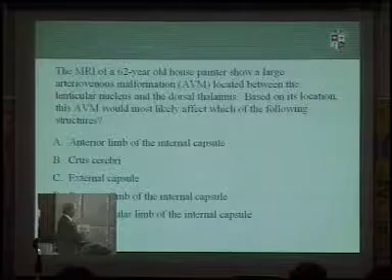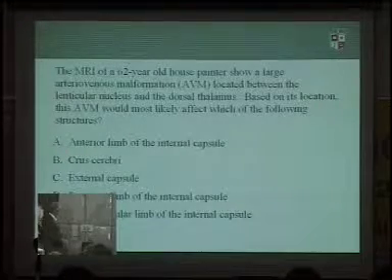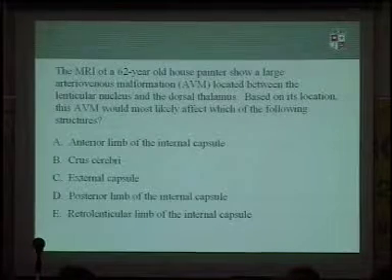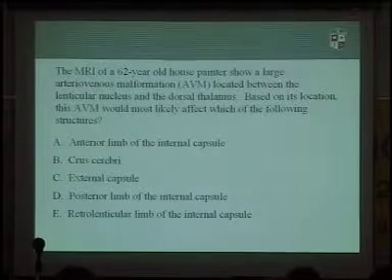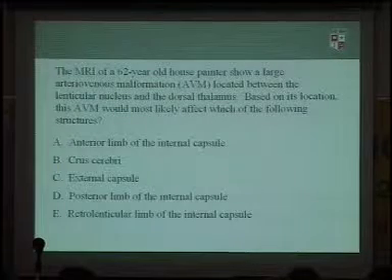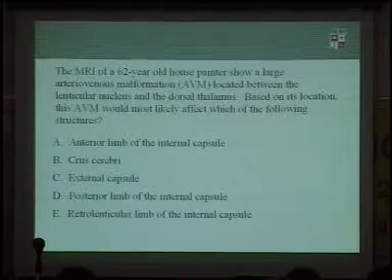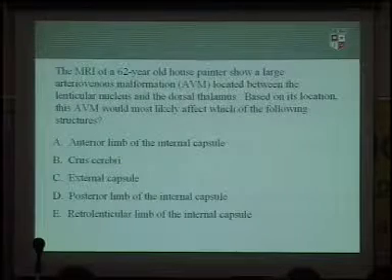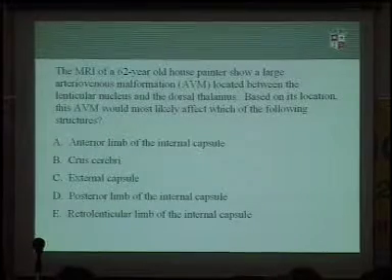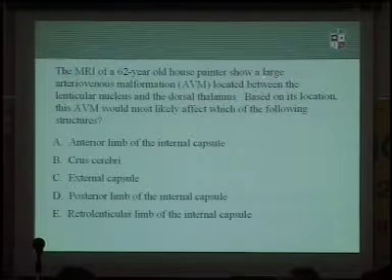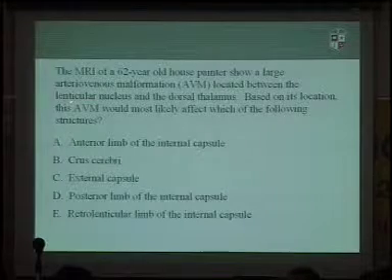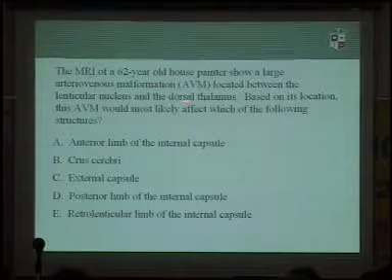Okay. There are sometimes questions that really all they're asking is whether you know your anatomy, and this is one of those questions, but it's phrased in a vignette. The MRI of a 60-year-old painter shows a large AV malformation between the lenticular nucleus and the dorsal thalamus.